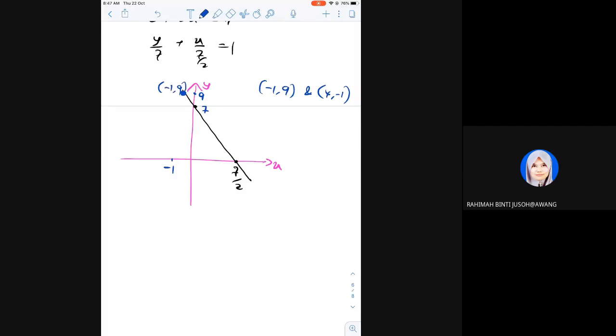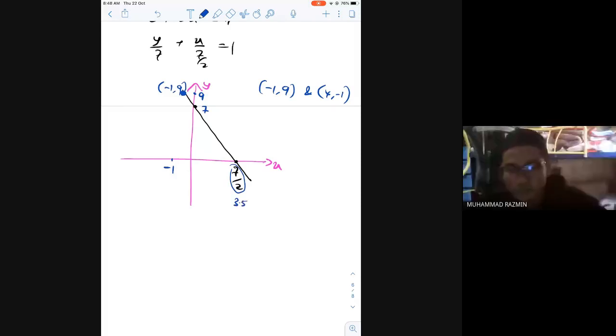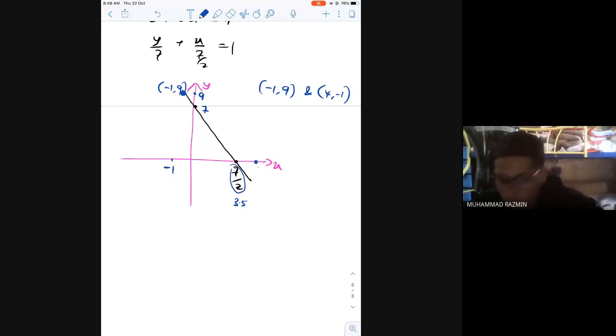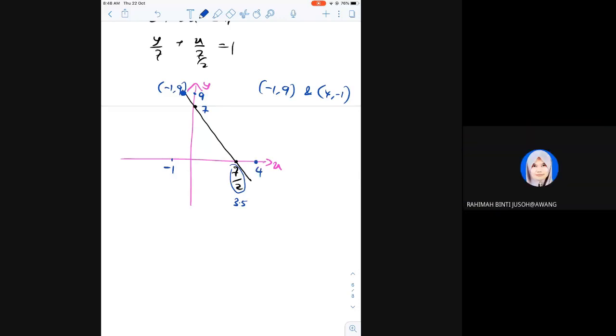Next, the ending point is 4, -1. Okay guys, 4, -1. This is 3.5, right? 3.5. Okay. So of course 4 is here, right? 4 is there. Okay. So when 4 is there, we go to -1. Let's say -1 is down here. Like that.